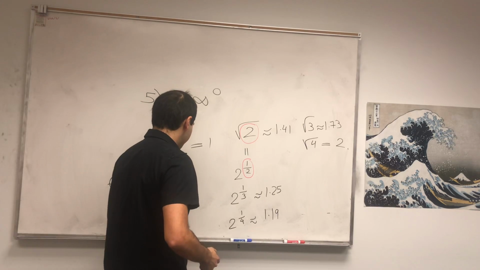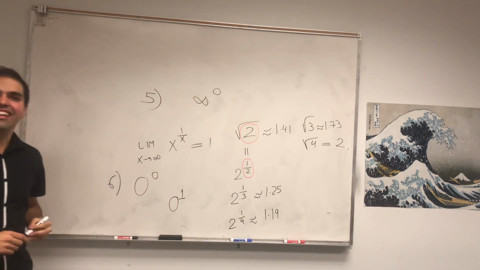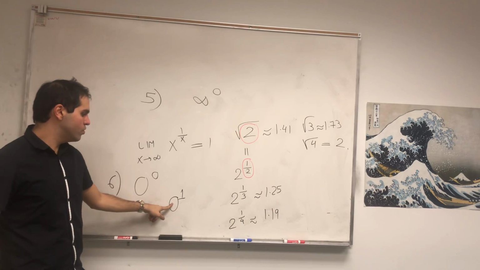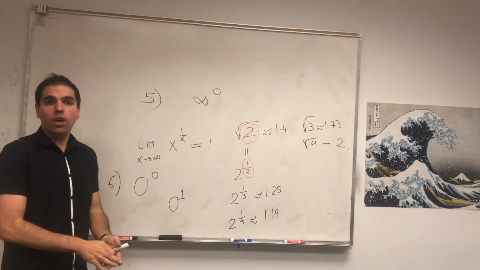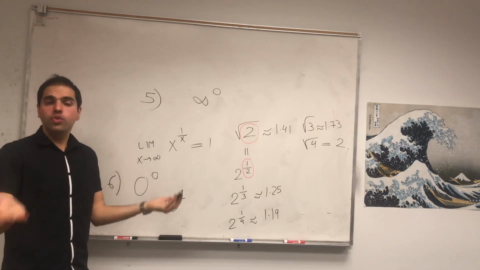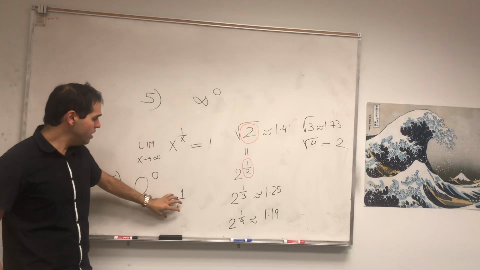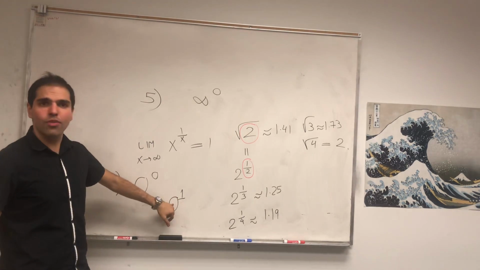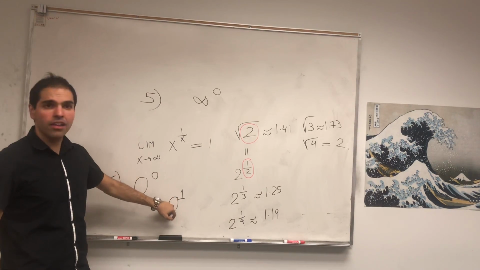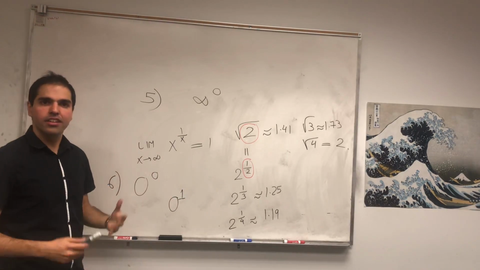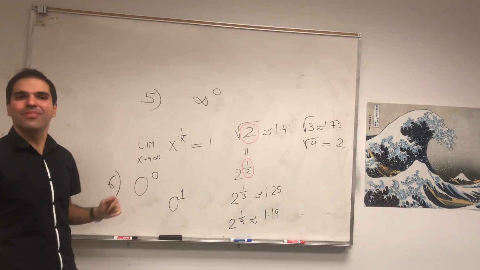That said, just be careful. 0 to the 1 is not an indeterminate form, because the base wants things to go to 0, and the exponent wants you to do nothing, right? 2 to the 1 is 2, 3 to the 1 is 3. So if those two were in a battle, the 0 would win, because 0 to anything is actually 0, except if the exponent is 0.